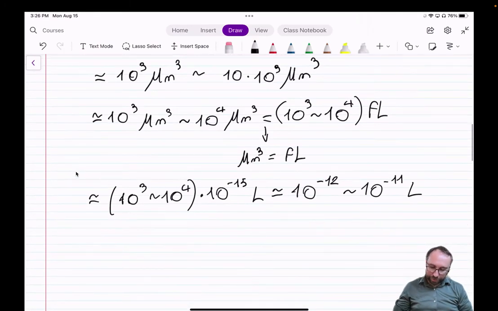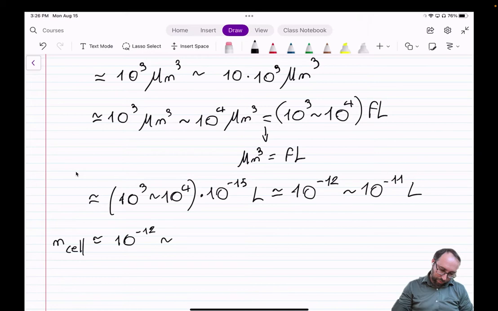And this means that the mass of a single cell is on the order of, so it's 1 kilogram per liter, so it's basically 10 to the minus 12 to 10 to the minus 11 kilograms, okay?